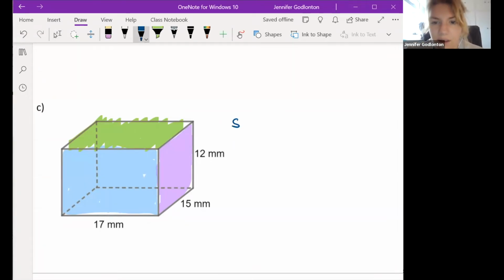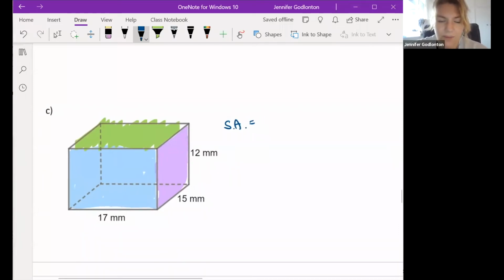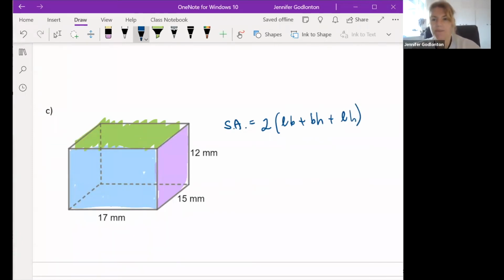Okay, ma'am. First of all, you're going to write the general formula by saying surface area equals 2(L times B) plus 2(B times H) plus 2(L times H). We've had LB, so this must be LH.